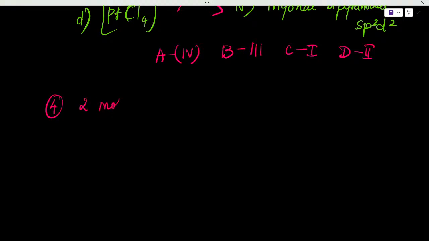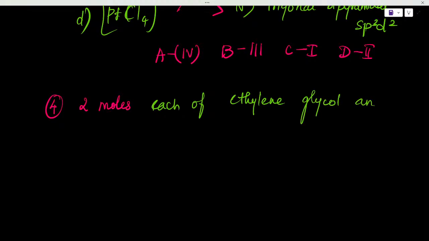2 moles, let me take a different color. So 2 moles each of ethylene glycol and glucose are mixed with 500 grams of water.